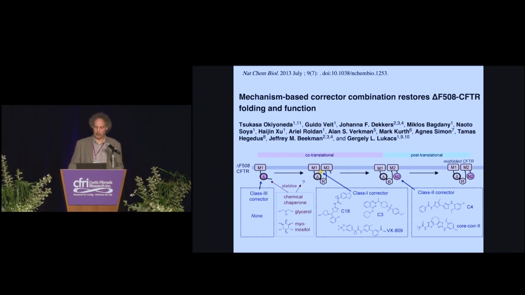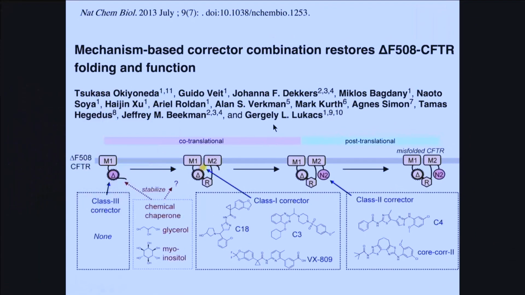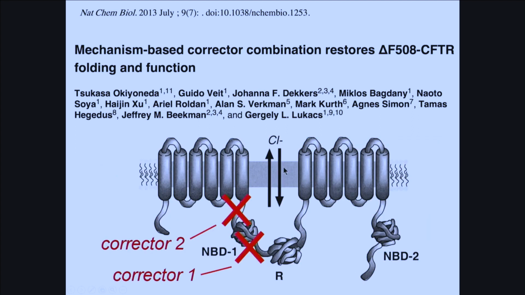In this paper that we did in collaboration with Gergely Lukács in Montreal, our close collaborator, he discovered that certain chemicals affect certain parts of the molecule. And he drew this complicated diagram, which I have trouble understanding, but more simply stated is that with the delta F508 mutation, there's more than one distinct defect.